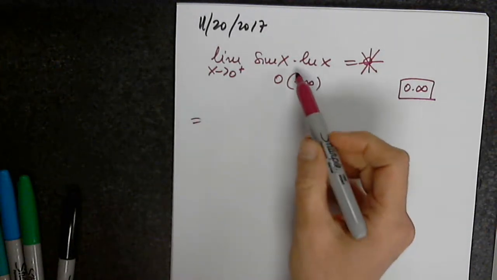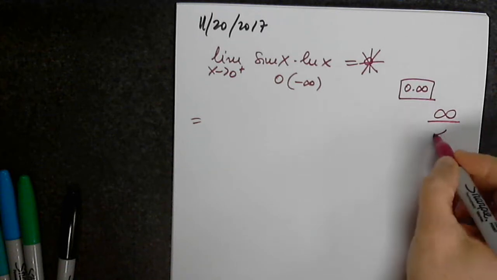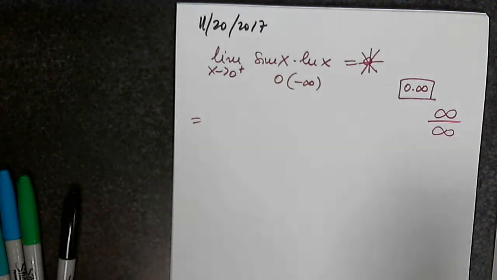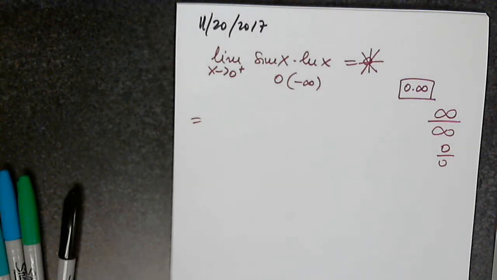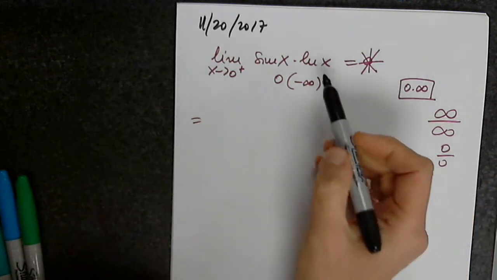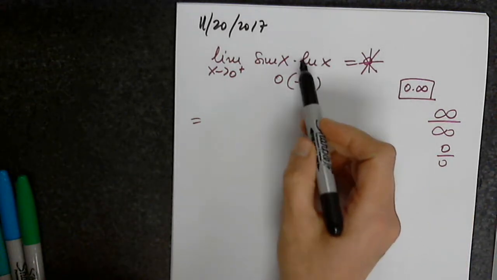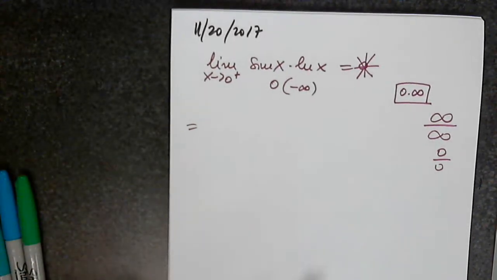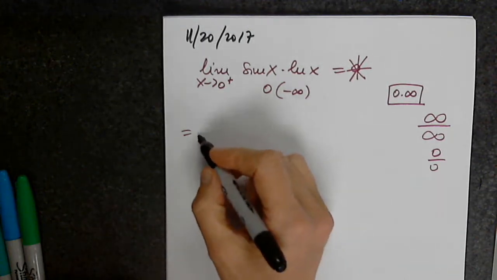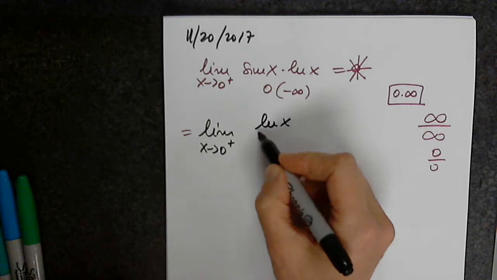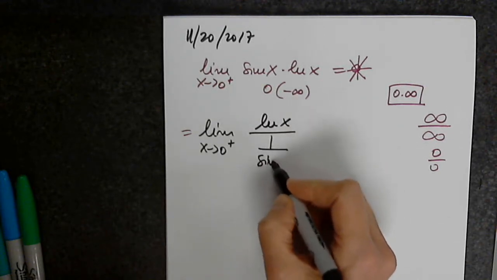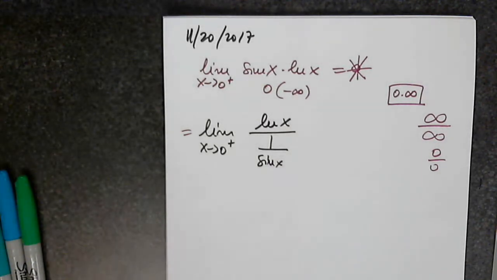So in that case, I'm trying to change it into, of course, this is my goal, either this or this. Why would I want to do that? And you can apply them. Exactly. So I'm not going to change anything about natural log. I'm not going to move natural log anywhere. That will be dangerous. But I'm going to say this, natural log x divided by 1 over sine x. That I'm allowed to do.